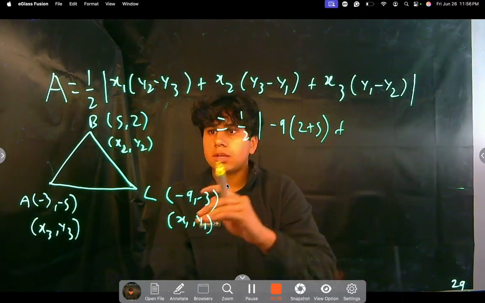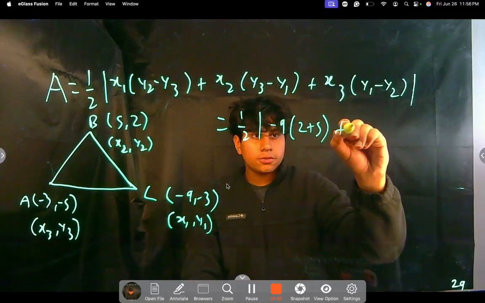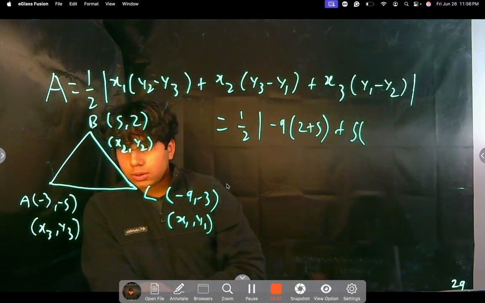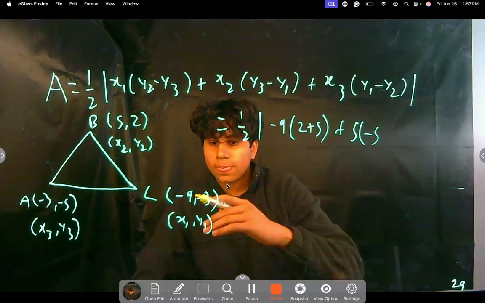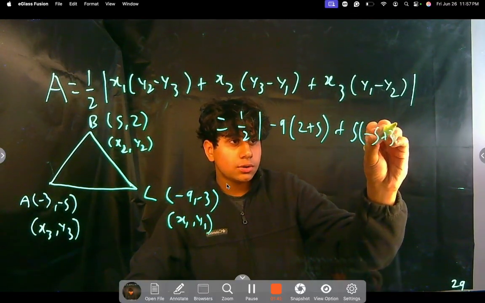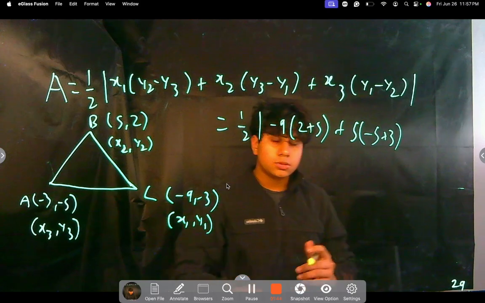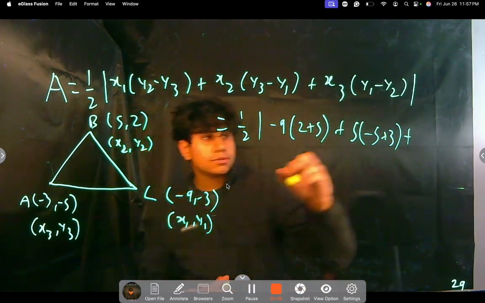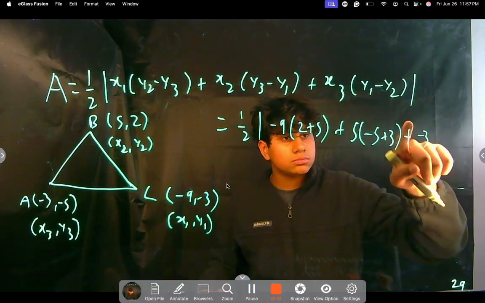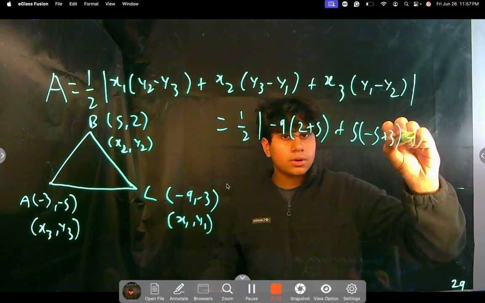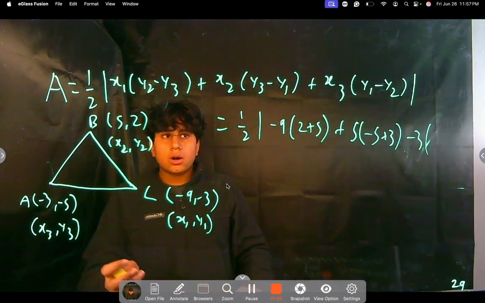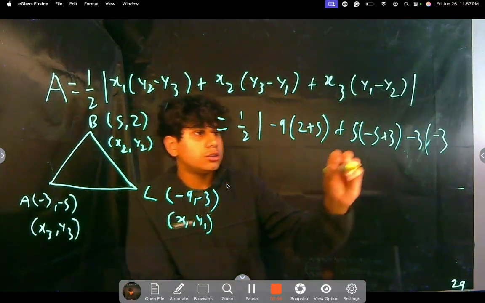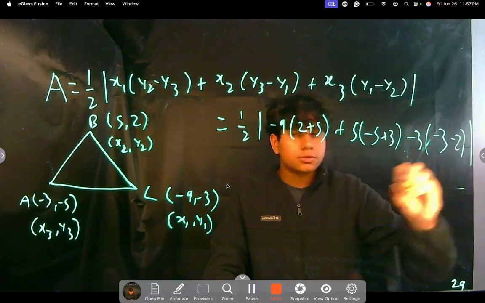Now we continue. x2 is going to be our 5 times y3 minus y1, so -5 plus 3, right? Because minus 3 plus 3, plus x3, which is our -3, times y1 minus y2, so -3 minus 2, and then the absolute value of that to finish up.